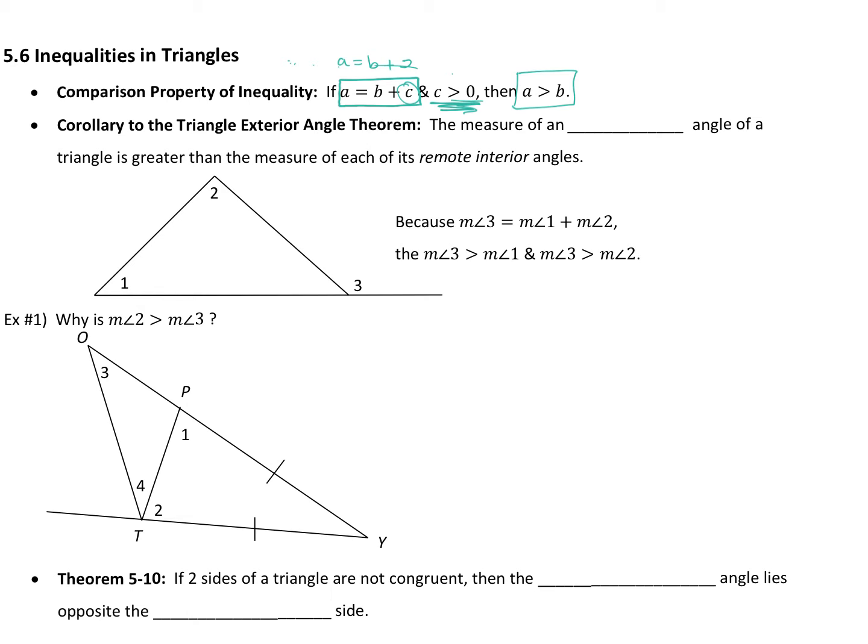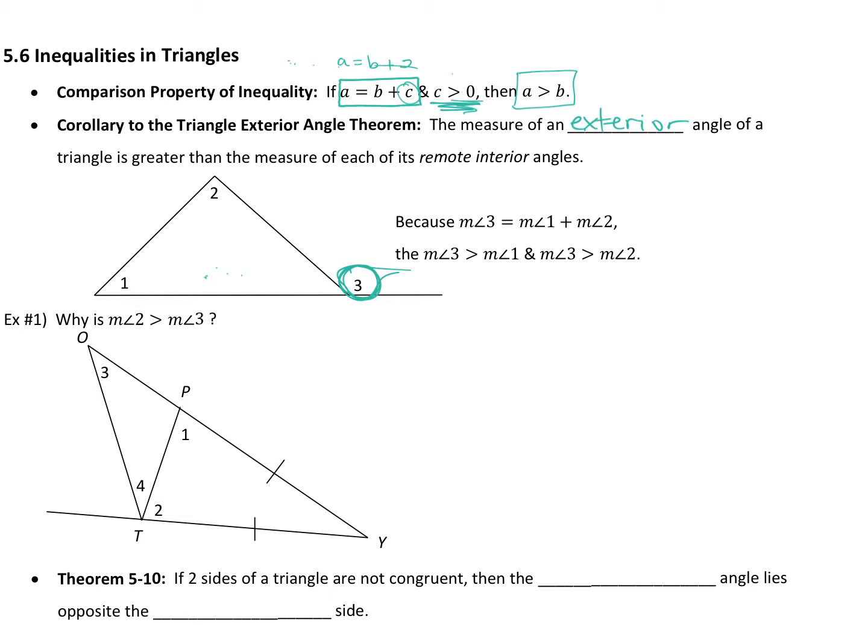This one says the measure of an exterior angle of a triangle is greater than the measure of each of its remote interior angles. In other words, we're saying this angle by itself is bigger, so angle 3 is bigger than angle 1 or angle 2 because we have to add 1 and 2 together to equal 3, right?